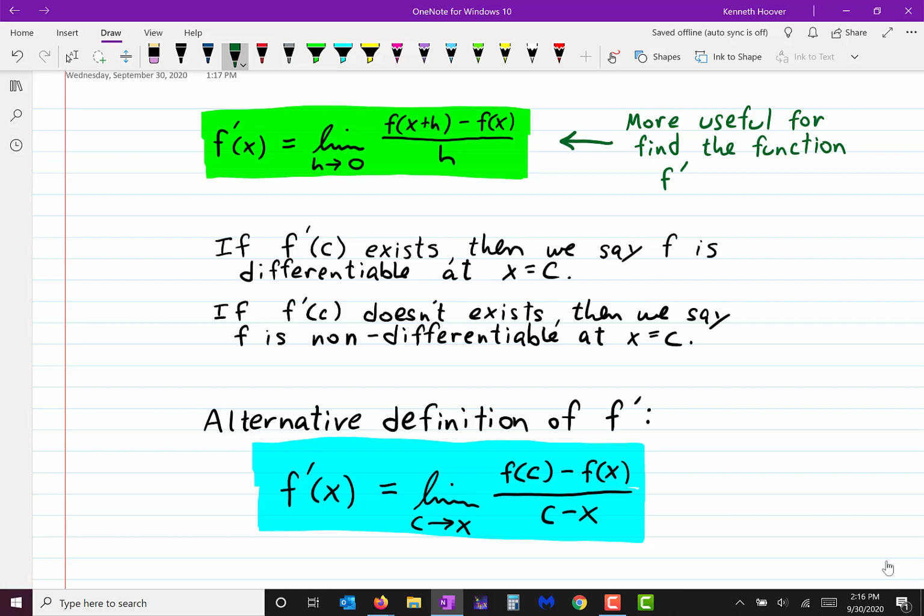That gives you a function called f prime, and then you can plug in different numbers into that function in order to find the derivative at different values. And when I'm doing that, I prefer the green definition.